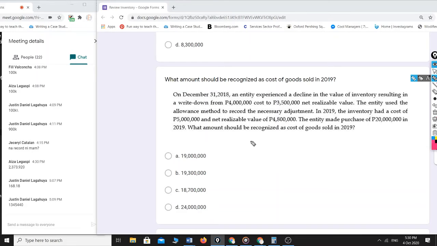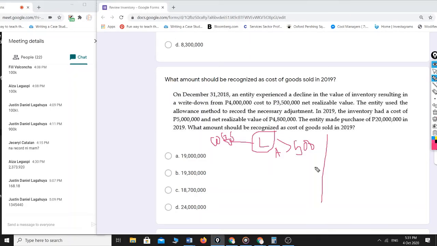So since allowance method, ang atong gamiton ani nga journal entry is loss on inventory write down 500,000 and allowance for inventory write down 500,000. So kaning loss on inventory write down, it become part of our cost of goods sold. So this will be added. Add na to ni siya sa cost of goods sold.